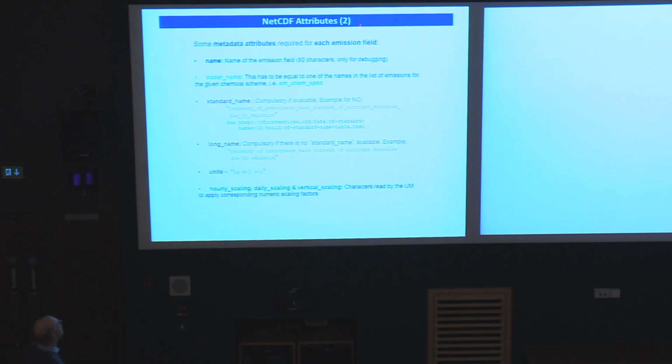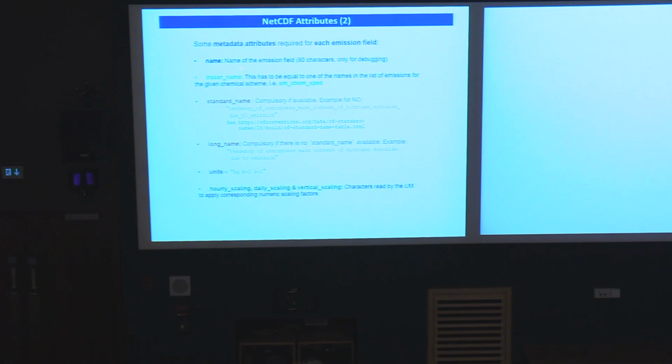Now, moving from the global attributes to the NetCDF attributes for the actual variable that describes the emissions flux, you can put a name field. However, that is not read by the model. That is not used. What you need, definitely, is tracer name. This is an attribute called tracer name, and that has to be equal to the name of the species in your model.